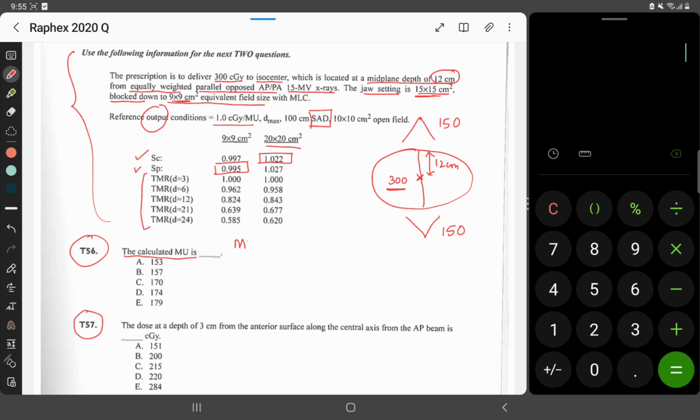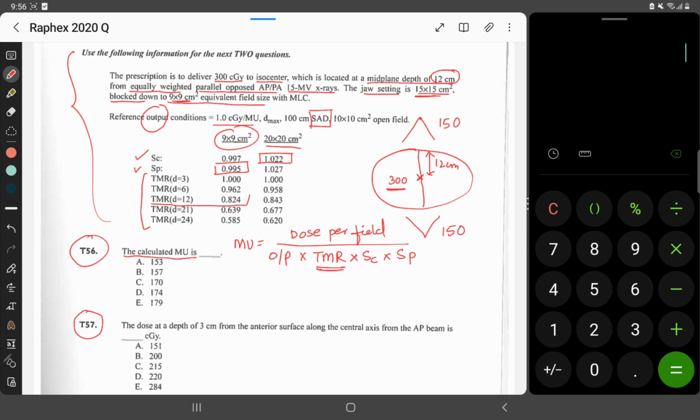As we know, the MU formula is dose per field divided by output into TMR into SC into SP. Because it's an SAD technique, we have to use TMR. If it was an SSD technique, we would have used PDD. TMR we have to use of the 9 into 9 field, at a depth of 12 centimeters.